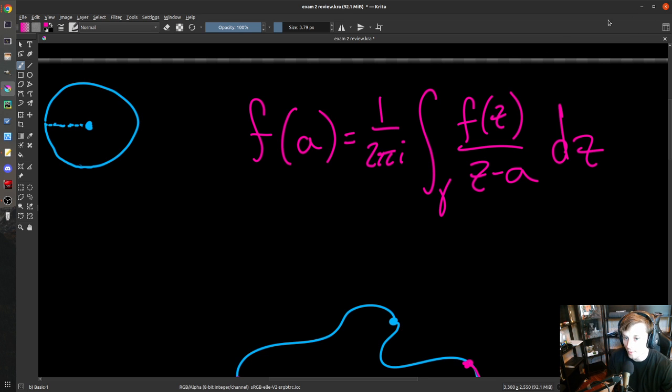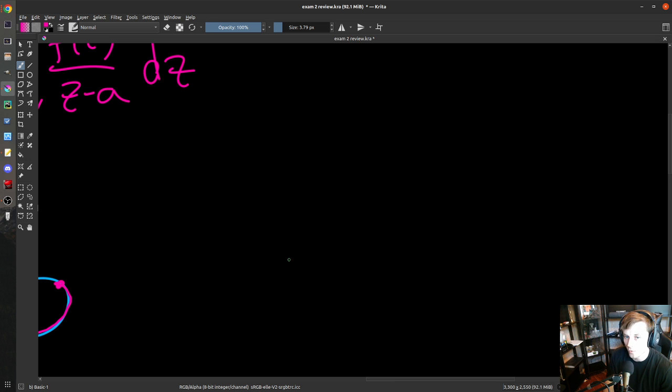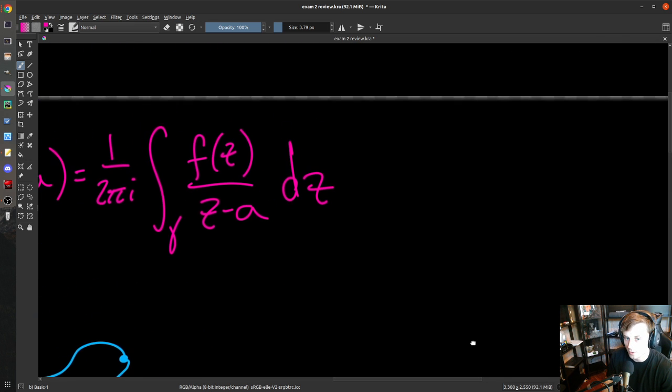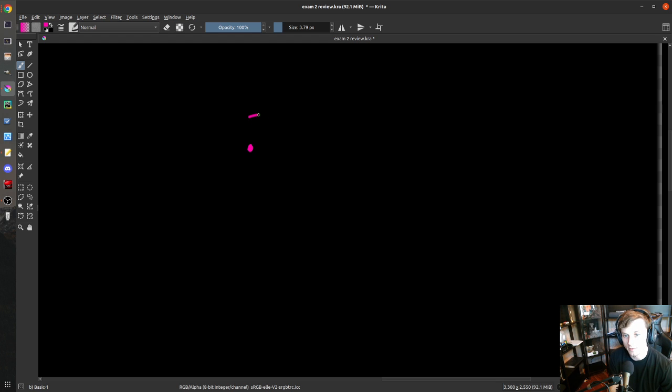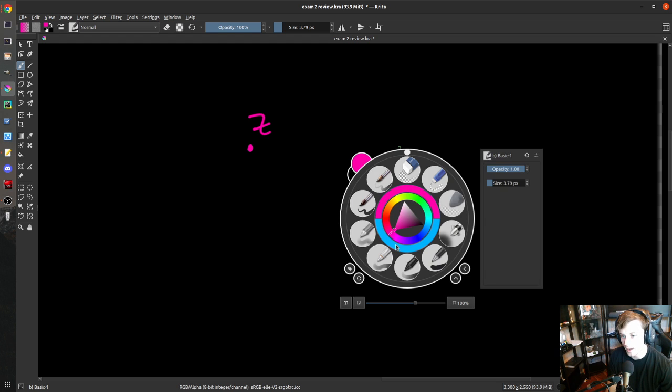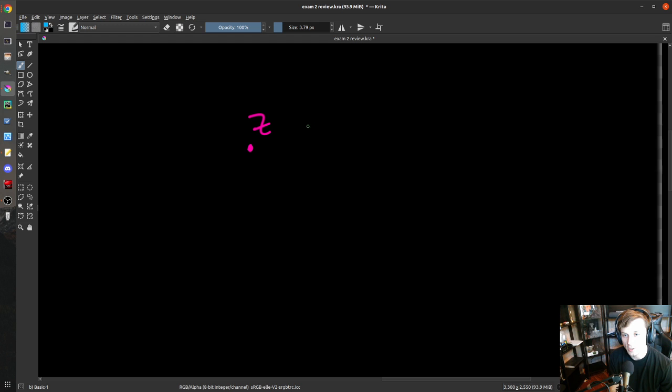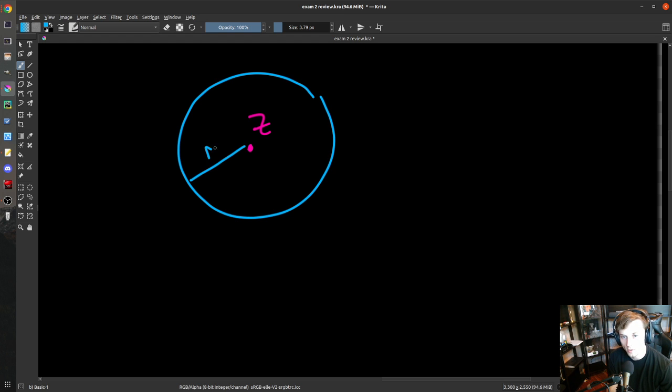So in chapter 3, we explored more fully the consequences of Cauchy's theorem. Now, one of them that we were able to do using the Cauchy integral formula and some other stuff is we were able to say, pick a point z in the complex plane. If you've got a function that is nice enough, then you can generally find some radius r such that you've got a convergent power series in this radius.